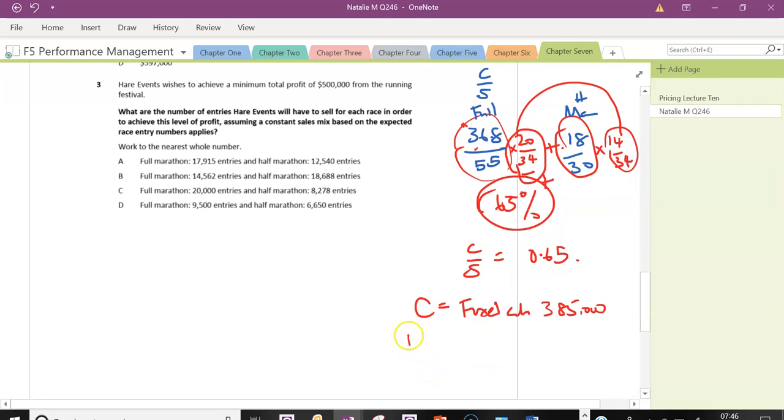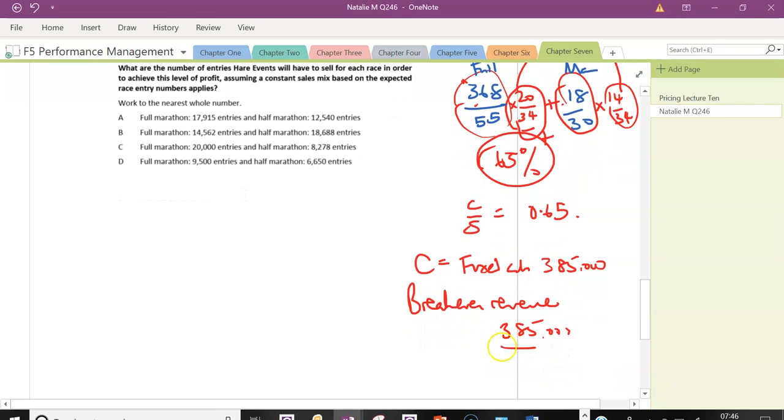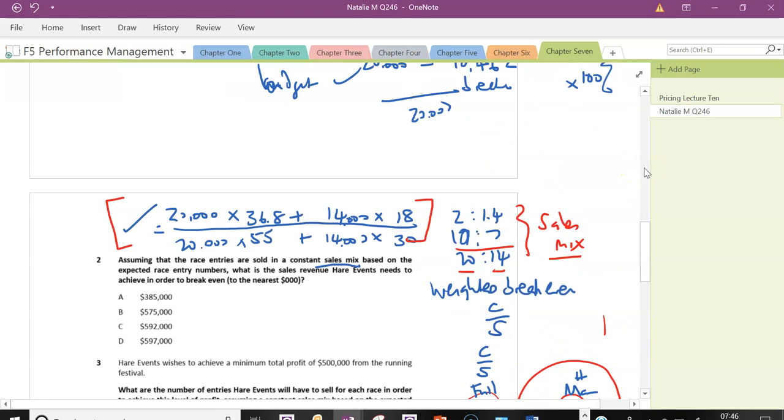Therefore, break-even revenue is equal to 385,000 divided by 0.65, which gives you 592,307. That's 592.